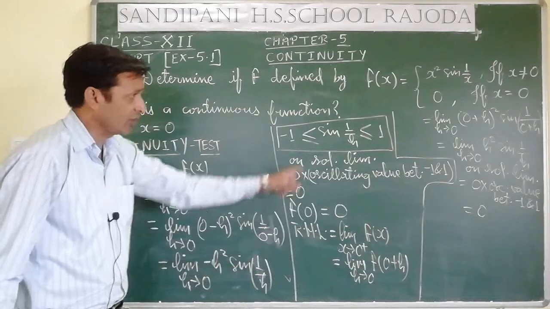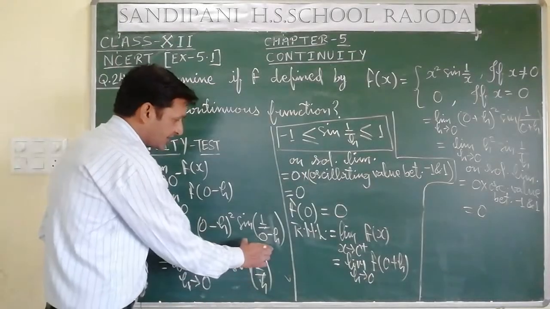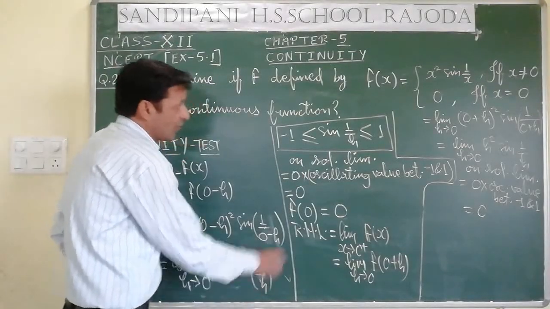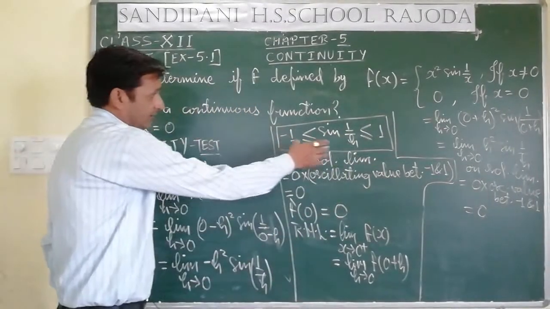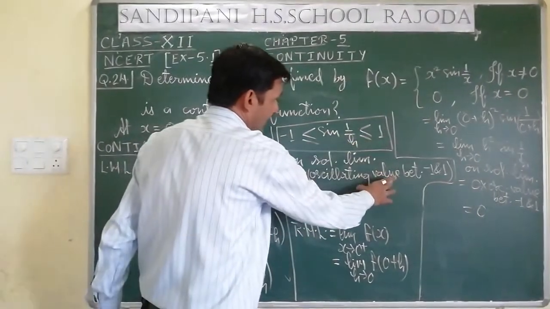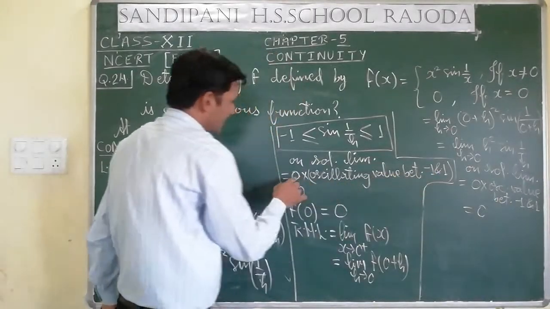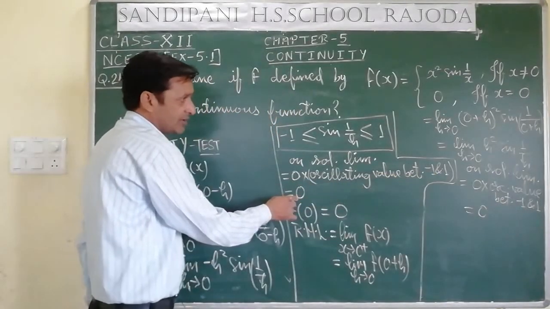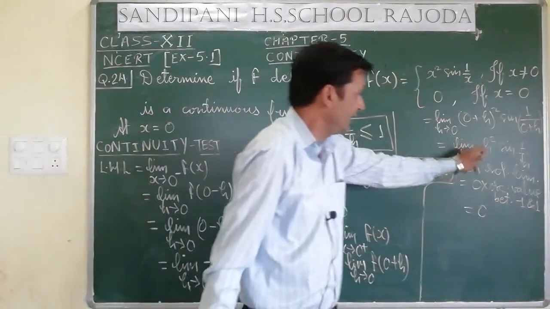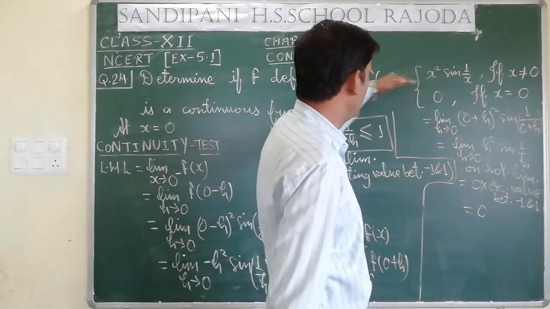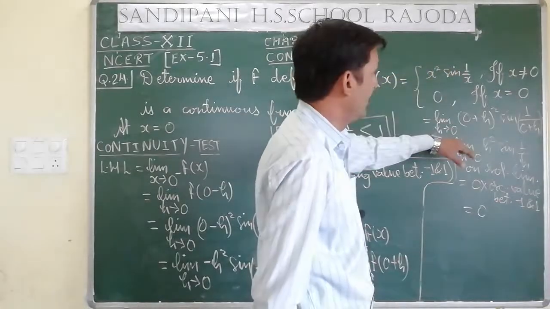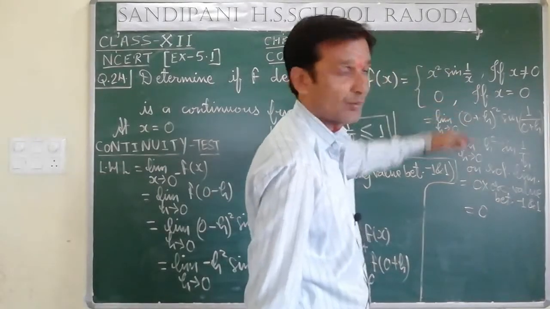So here we have solved it, but we have to remember this part, that sine theta is always lying between minus 1 and 1. So that will be oscillating value between minus 1 and 1 is when multiplied by 0, then it will be 0 here also and here also in RHL part, because LHL and RHL are defined in function's first part, and for f of 0 it is 0.